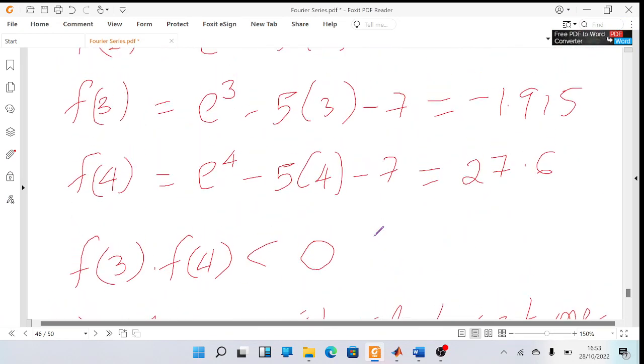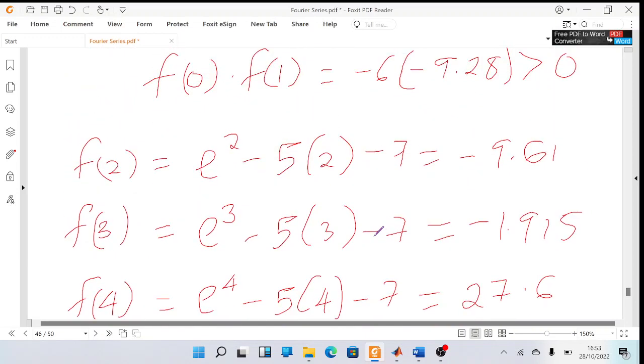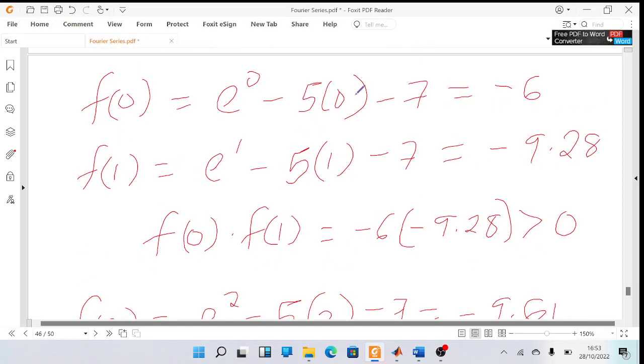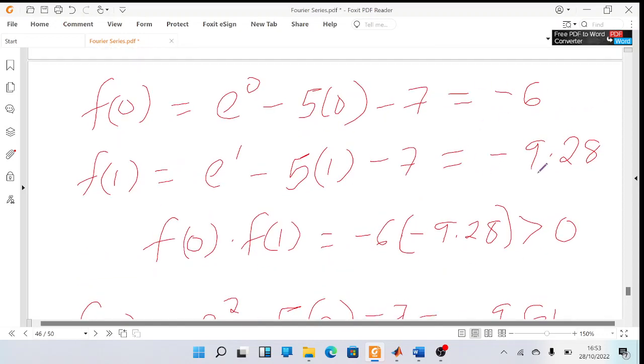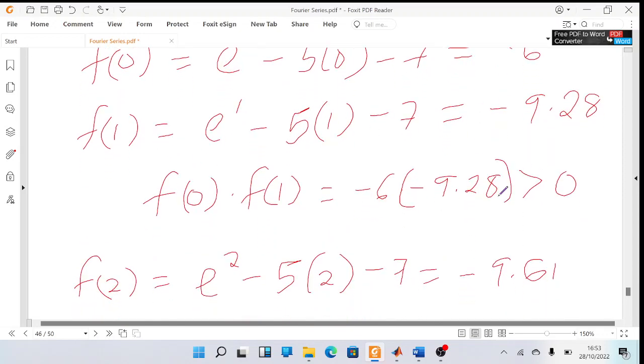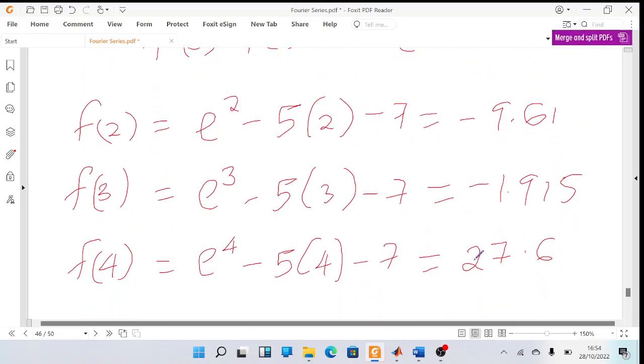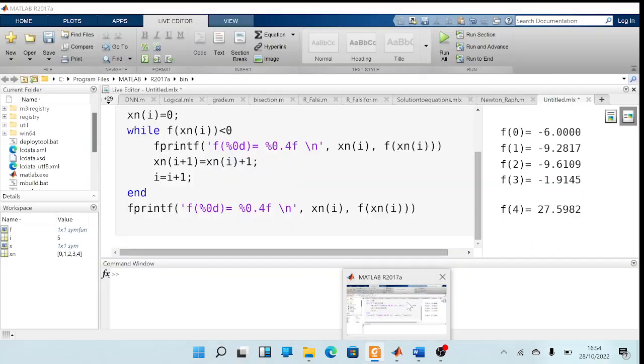Just like we had obtained here, f of 0 was minus 6, then f of 1 minus 9, f of 2, f of 3 up to f of 4, which is 27.6. So we have those values.